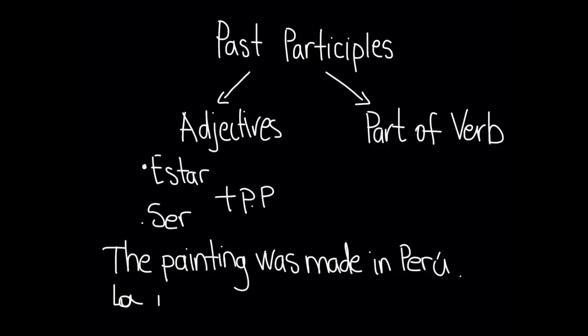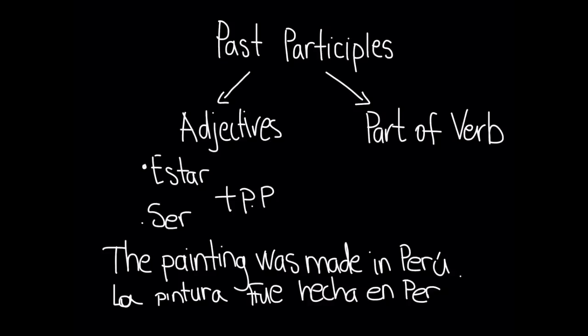La pintura fue hecha en Perú. So I'm describing where the painting was made, so as a result I use the verb ser, and it is in the preterite because the painting is already finished. Now notice that the word hecha agrees with the gender of the subject, la pintura.